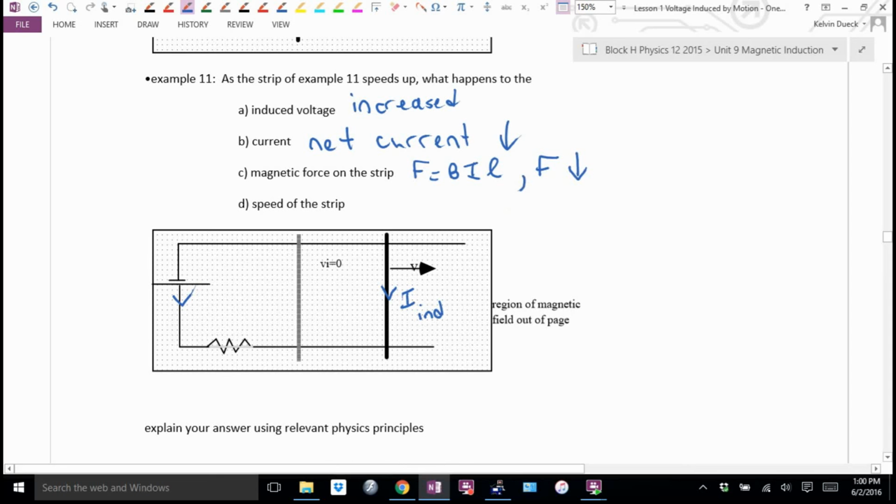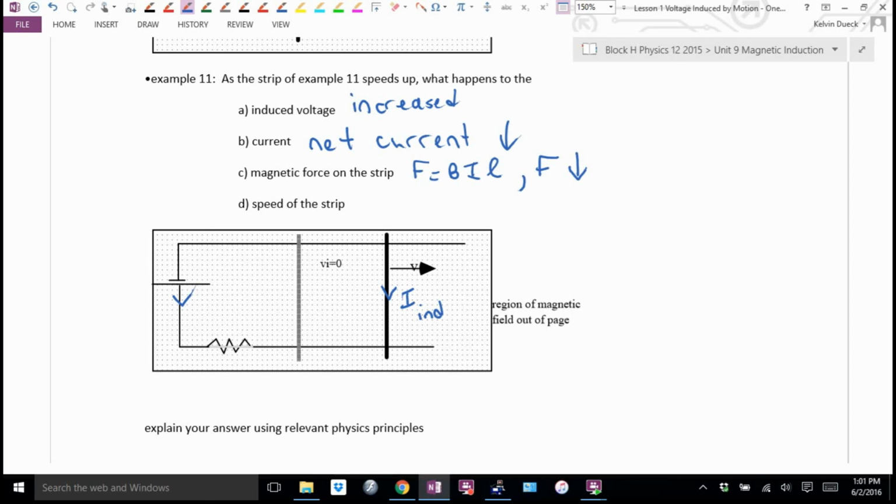With the railgun, the thing starts off taking off like a rocket, but actually, the faster it goes, the slower it accelerates. It'll still be accelerating, but initially, there's almost no opposing force. It's going to go off like a rocket. But the faster it goes, the larger the induced voltage, the smaller the net current, the smaller the force, and since F equals ma and the mass isn't changing, the smaller the acceleration.